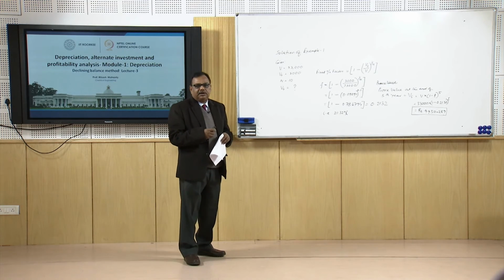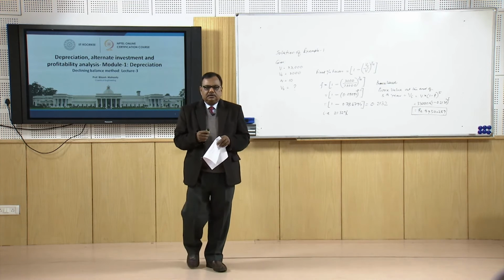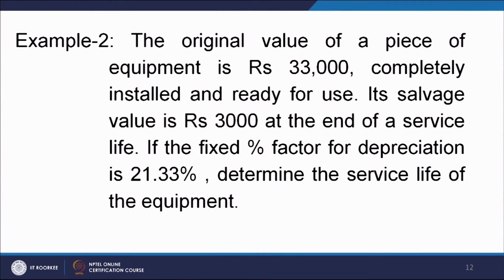The second example is: the original value of a piece of equipment is 33,000, completely installed and ready for use. Its salvage value is rupees 3,000 at the end of its service life.